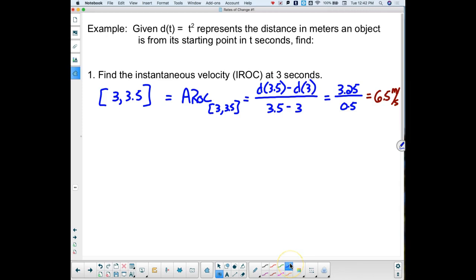So let's shorten that up even more. What do we want to go to now? 3.1.